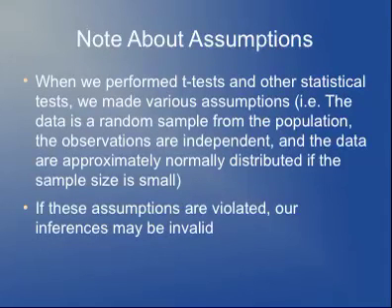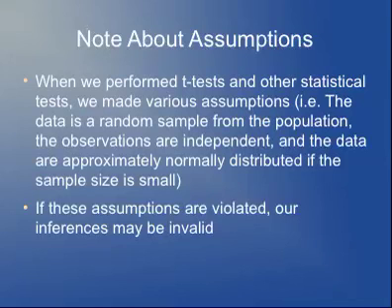And as you'll recall, when we performed t-tests and other tests in the past, I used to scream about the fact that you can get into trouble if the assumptions of the t-test aren't satisfied: that the data is a random sample from the population, the observations are independent, and that the data is approximately normally distributed for a small sample size.